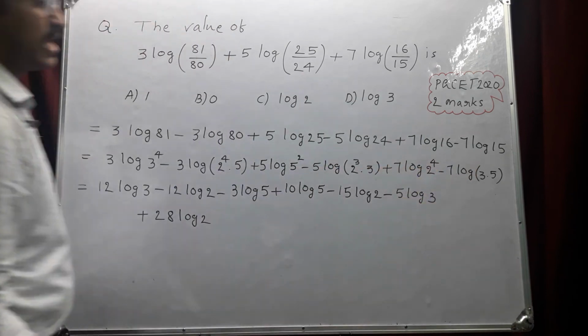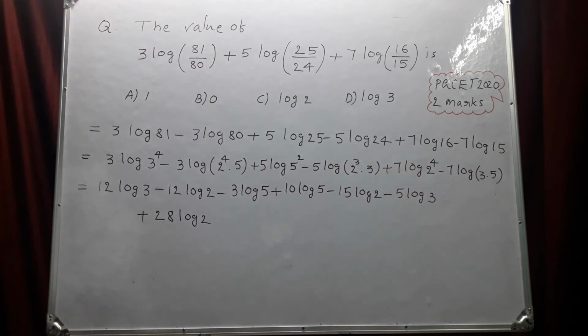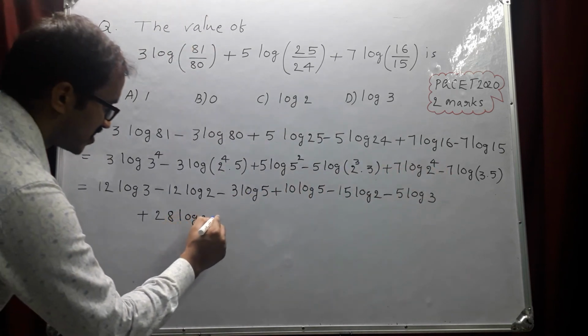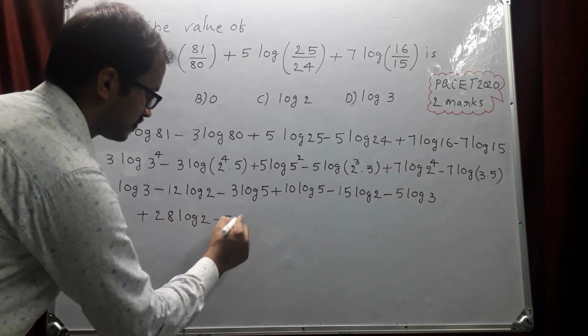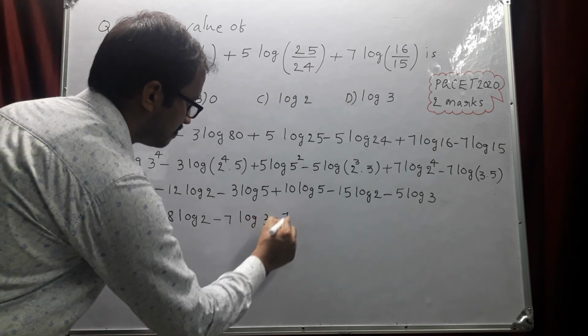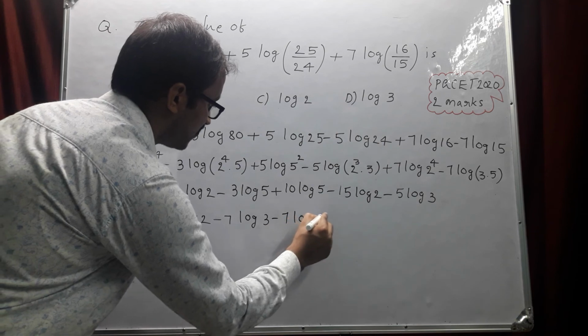Again use log a into b means log a plus log b, but we have minus 7. So we can write minus 7 log 3 minus 7 log 5.